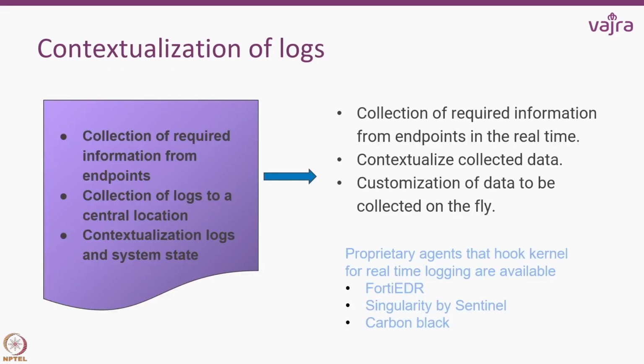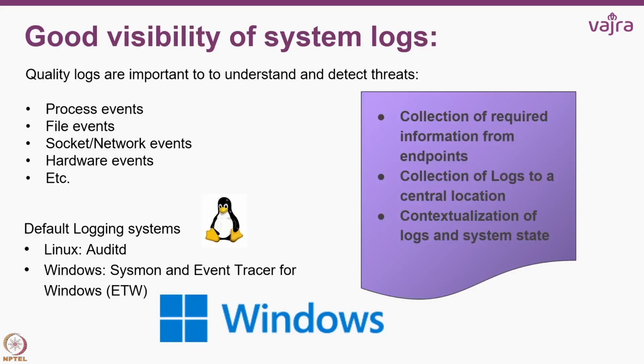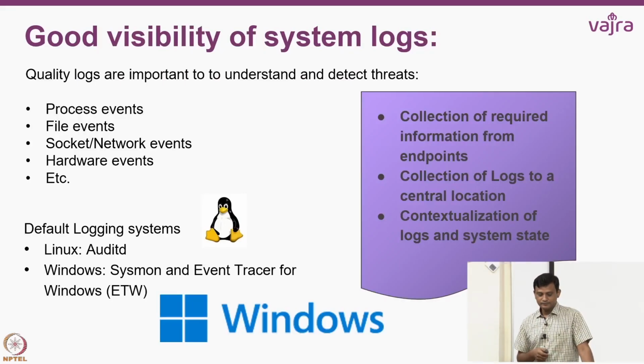So to get good visibility, we should have a mechanism to collect logs which gives me fully contextualized information. Whatever I talked about, Linux AuditD, Sysmon and Event Tracing, they don't give me complete contextualized information of the events that are happening in my system.